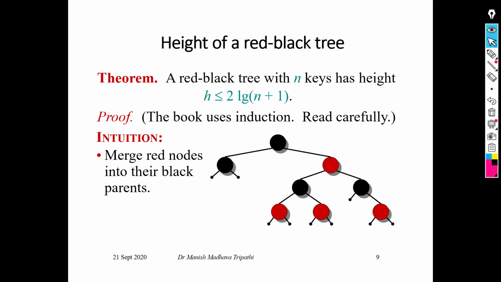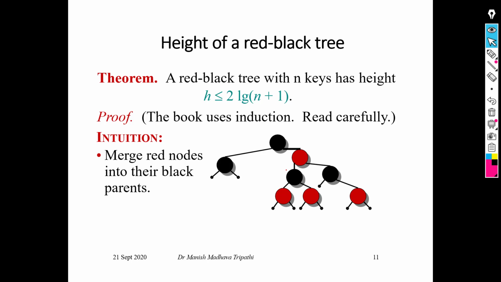These two nodes will be merged into this black node, this red node will be merged into this black node, and this red node will be merged into this black node, and the situation will be like this. By merging all of the red nodes into their parent, we get this kind of situation.